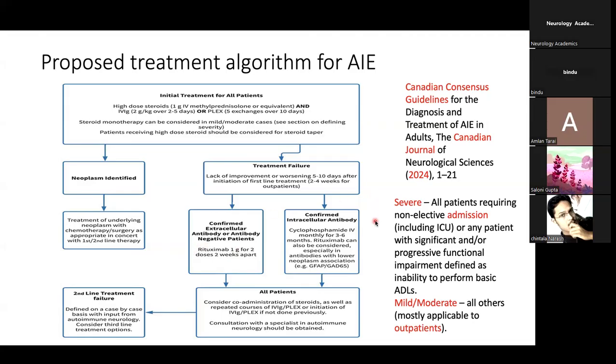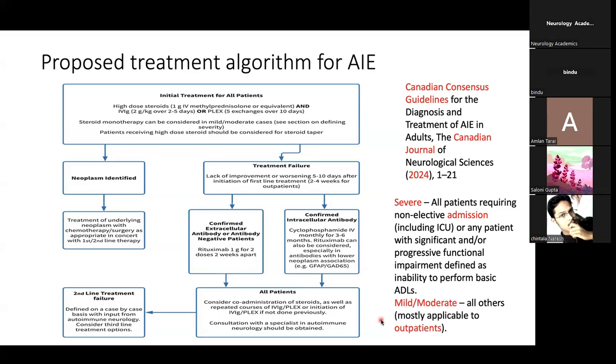And those who are intracellular antibody positive, they use cyclophosphamide first, at the dose of 600 to 1000 milligram per meter square monthly for 3 to 6 months. They consider rituximab, especially for antibodies with a lower level of neoplasm association, like GFAP or GAD.